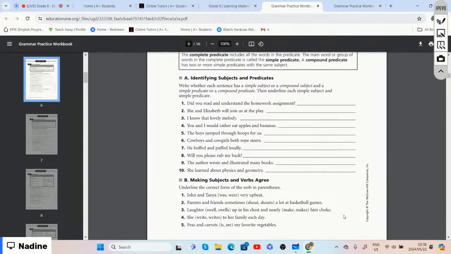Because we still need to identify the subjects as well as the predicates, right? The subjects within a sentence as well as the predicate. We need to say if it's a simple subject or a compound subject, simple predicate or a compound predicate.